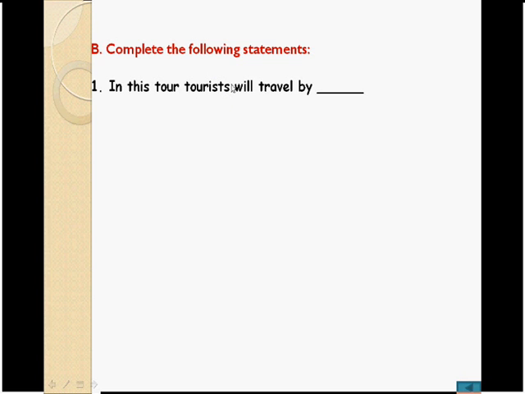So again, just have a look. Be careful, don't rush and say by plane. Okay, you have to look at the text and find the answer. So tourists are the people who would like to travel to another place for vacation, for sightseeing. And so they will travel by what? Let's go back to the text.